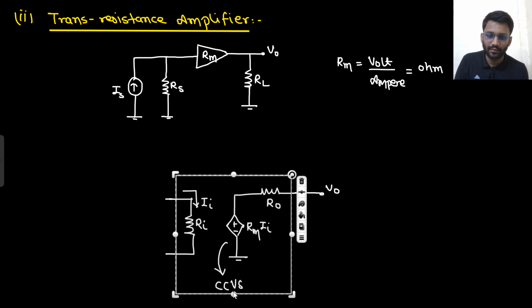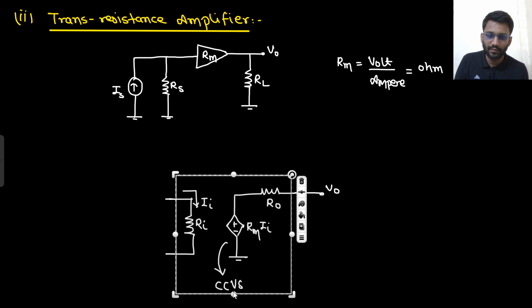Now at the output you are having some load RL, and in the input you are having a current source. You can make it a ground. Basically this will also be grounded.